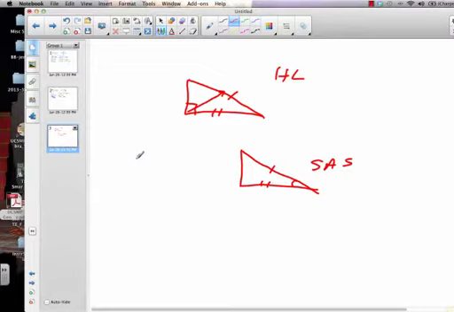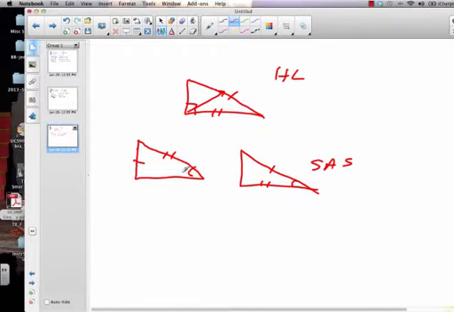And then a similar looking triangle, but marked a little bit differently. And in this case, 2 sides. So in all of these examples, we have 2 sides and 1 angle, but you have 3 different justifications.